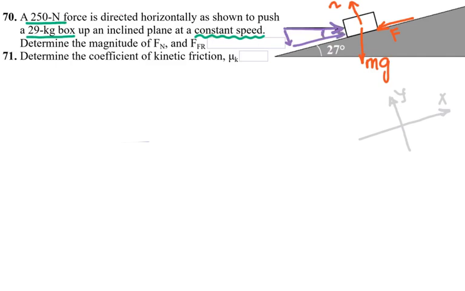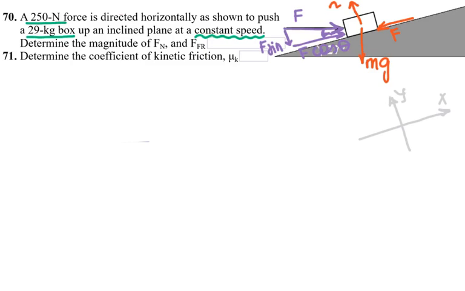And this angle is the same as that angle. So these two angles are the same. So if this is the applied force, then this is F sine, and the one that is at the bottom is F cosine. So the one that is parallel, F cosine theta.